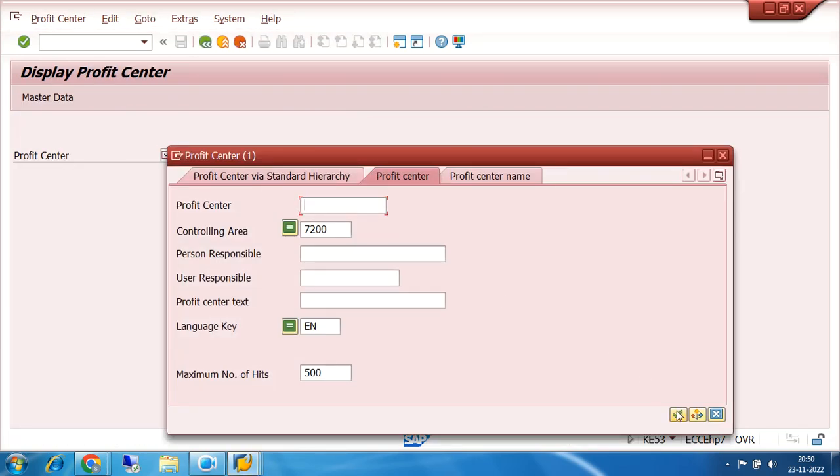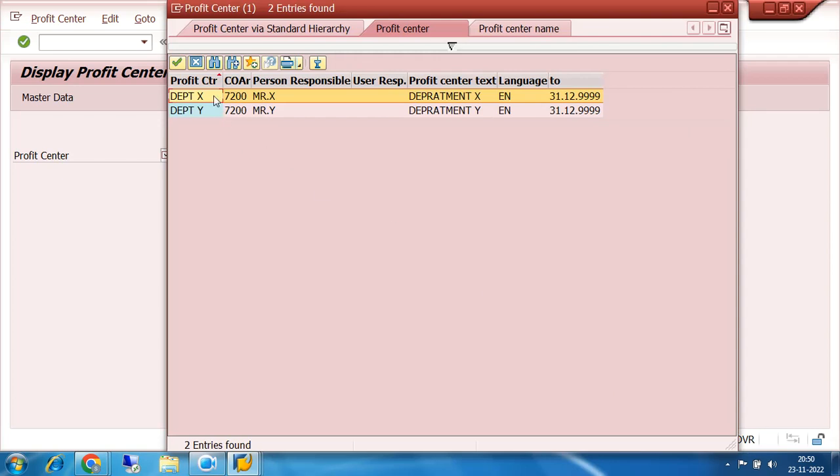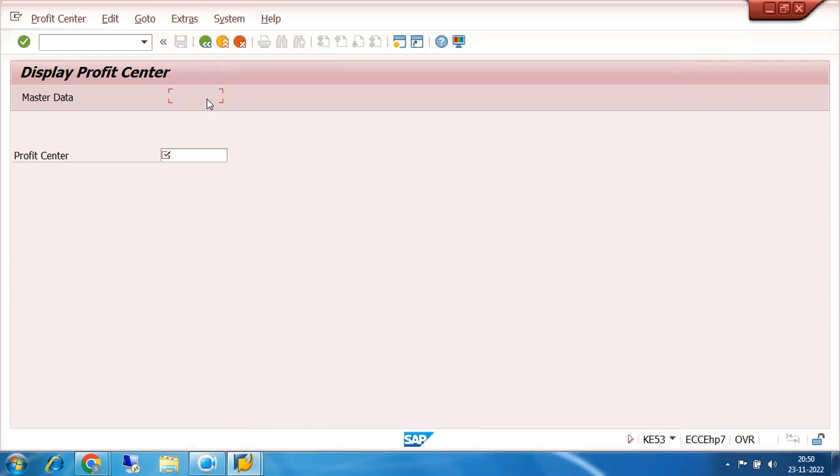So let us see what profit centers I have created. I have also created the same two profit centers, and the names are the same, because then it will be easy to remember.